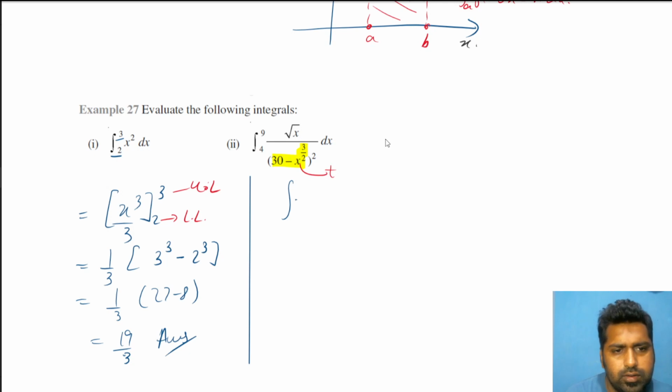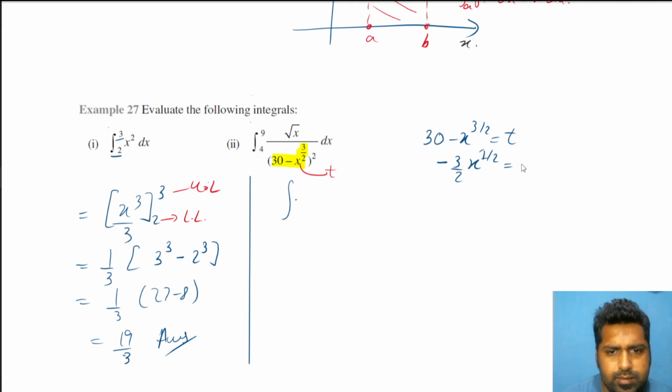Okay, so if you differentiate this, 30 minus x raised to power 3 by 2 is t. So differentiation of this is minus 3 by 2 x raised to power 1 by 2 into dx is equal to dt.